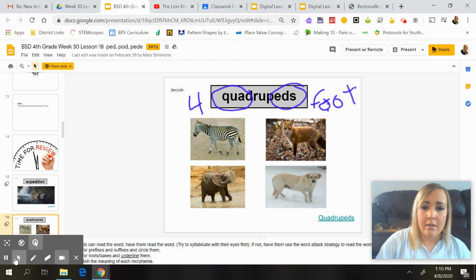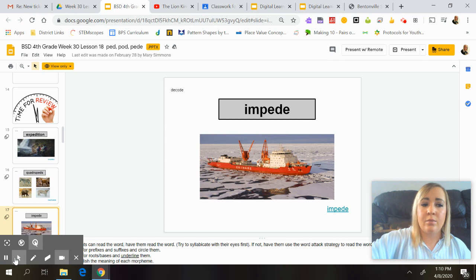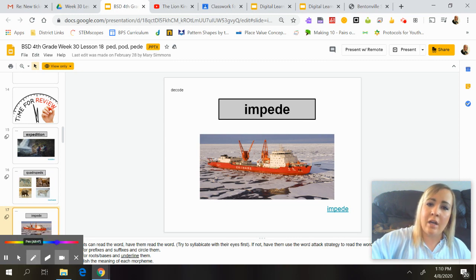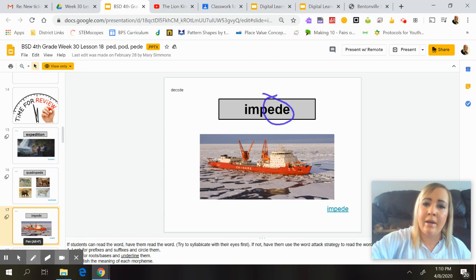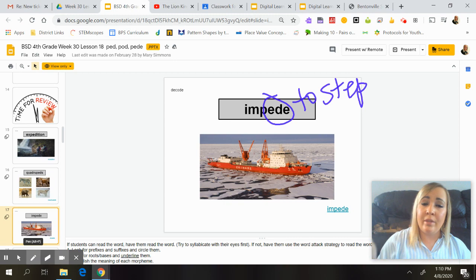Then they have the word impede. So I want you to think about impede as in we're going to drift off for what ped or pede might mean. And we're going to use ped or pede as in to step. So impede would be to step in the way of.